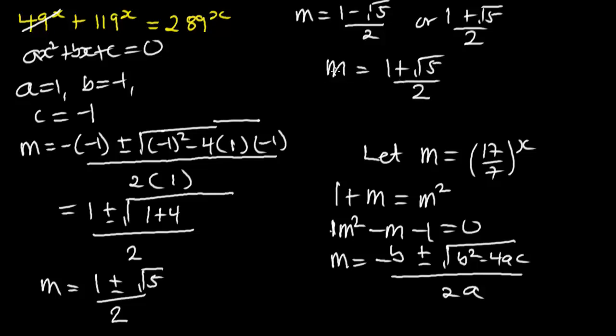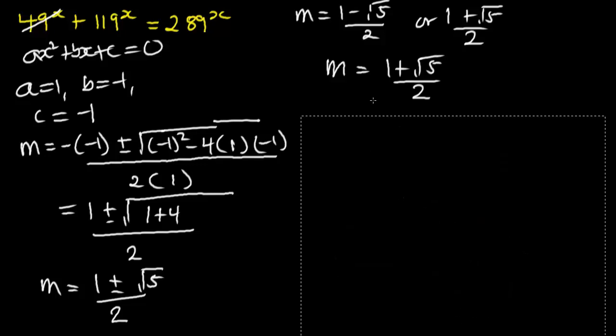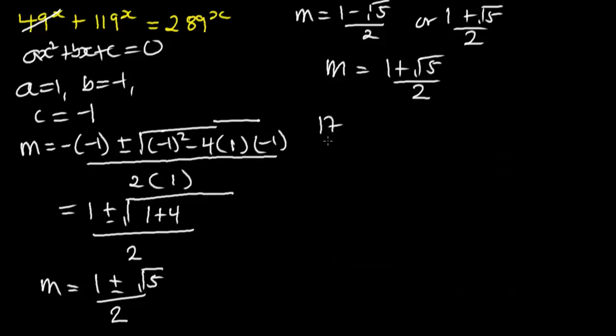But don't forget, we let m to be equal to (17 over 7) exponent x. So in place of m over here, we are going to write (17 over 7) exponent x. So let me clean this part. So we are going to have (17 over 7) exponent x is equal to 1 plus the square root of 5 all over 2.